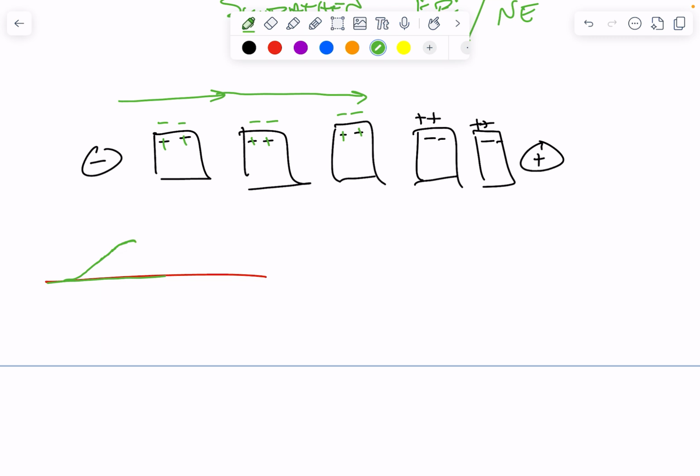Now, the overall vector is not going to continue to increase. As you can see, there are still some positives over here and negatives over here. It's going to stop increasing because the vector can't continue to grow stronger, since the poles are going to change.